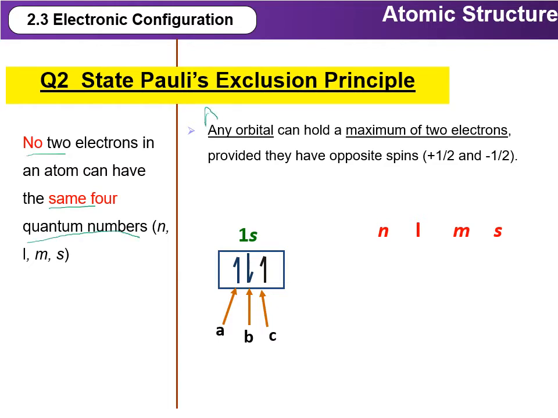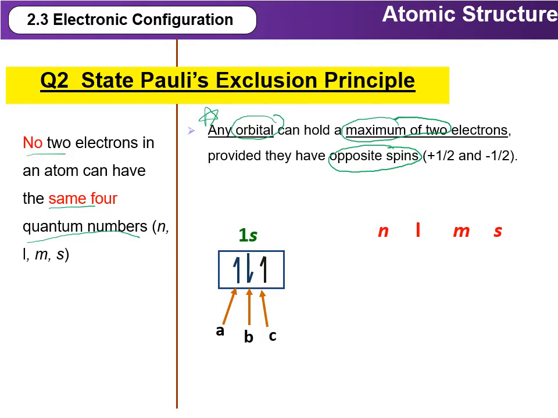Mainly because each orbital can hold a maximum of only 2 electrons, and both electrons must have opposite spins. This makes the electrons unable to have the same 4 quantum numbers.